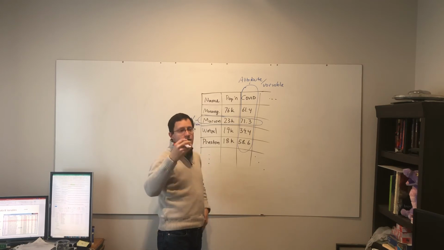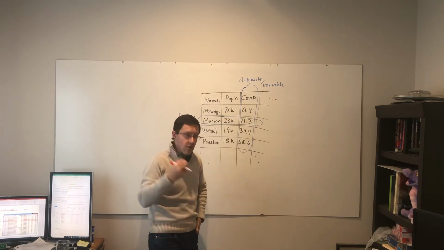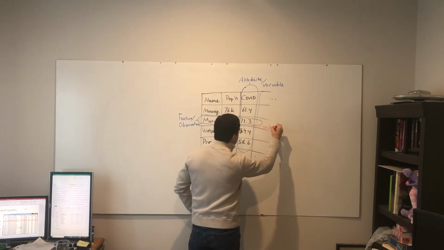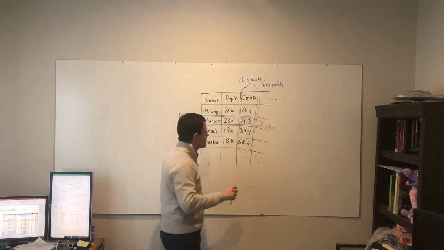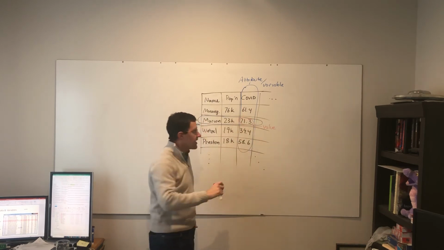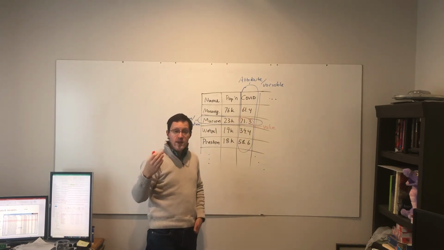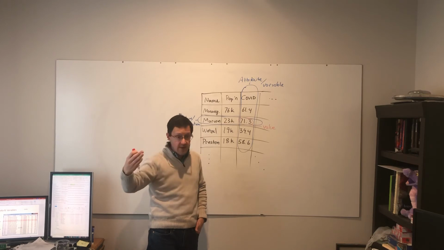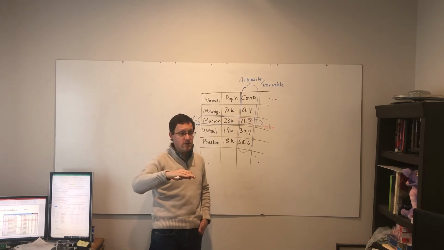Lastly, if you are seeing a value, the value is the attribute of a single observation, not the attribute of the entire data set, but as a single observation.